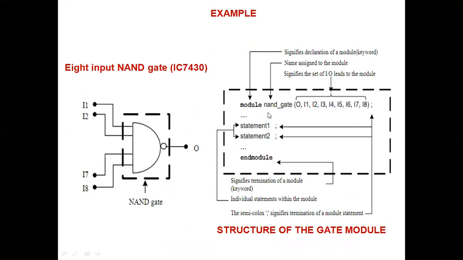Inside this module, you should not define another module, for example for an AND gate. Since you are already defining the module for the 8 input NAND gate, inside its body you should not define a module for another gate.